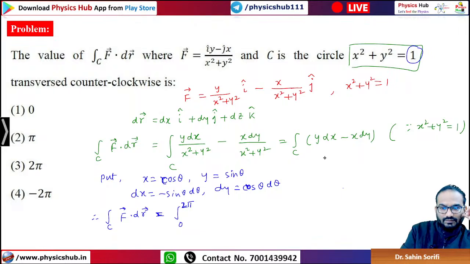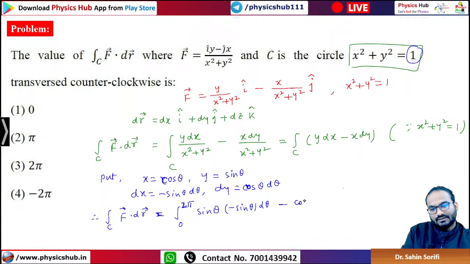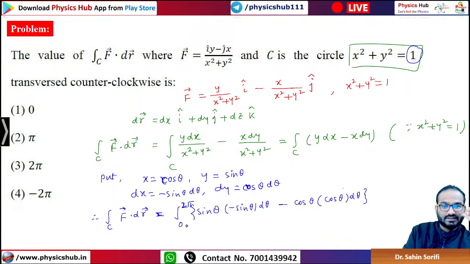So 0 to 2 pi, y dx, y is sin theta, dx is minus sin theta d theta, minus cos theta d theta, and we know the range of theta to be 0 to 2 pi.